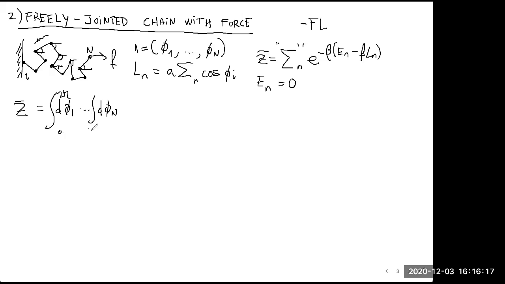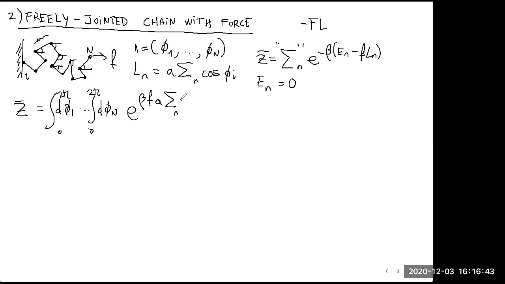This is the way we sum our configurations in this biopolymer model. Now, what we need to put here is e to the minus beta this, and with minus is plus, so it will be e to the beta f, and ln is all this sum.